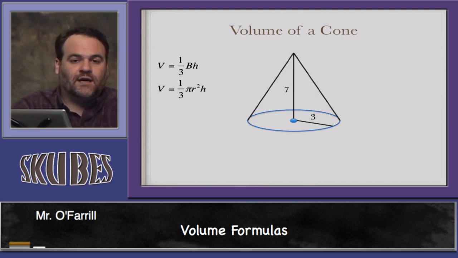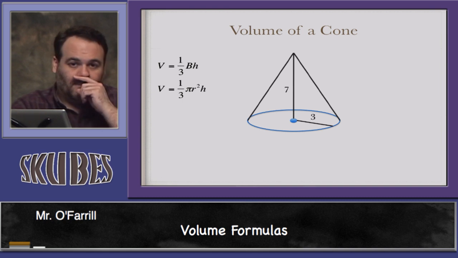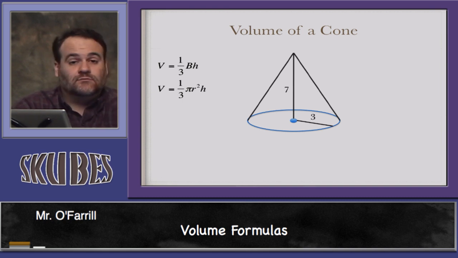The next shape we're going to look at is the cone. The cone is a three-dimensional version of a triangle. If you remember the area of a triangle when compared to the area of a rectangle, it's base times height times 1/2. And it's two-dimensional.